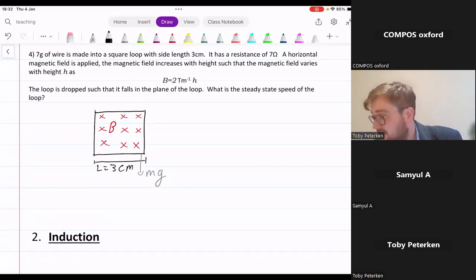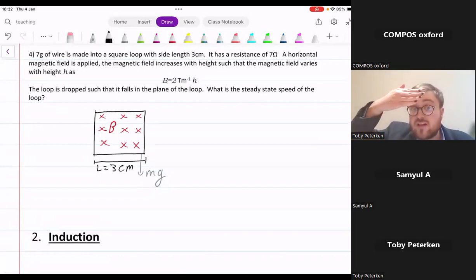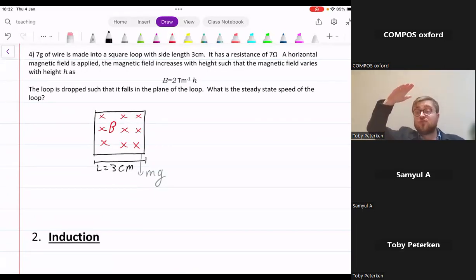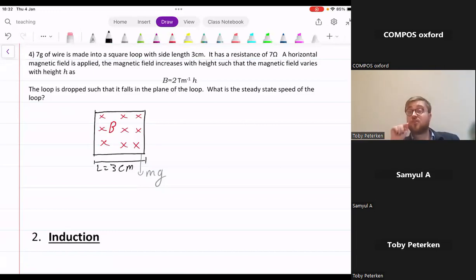Now, this isn't easy. As it falls, the flux decreases, right? Because if we look at how the magnetic field strength varies, the magnetic field increases the higher we are. So, as the loop falls, the magnetic field decreases, so the flux through the loop decreases.